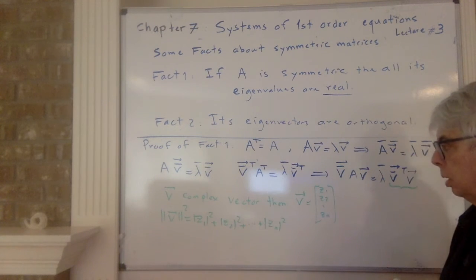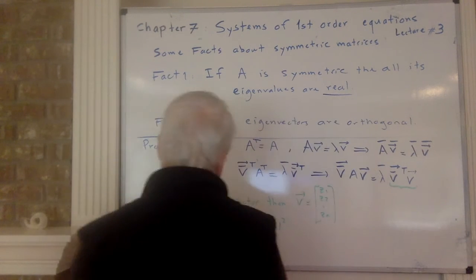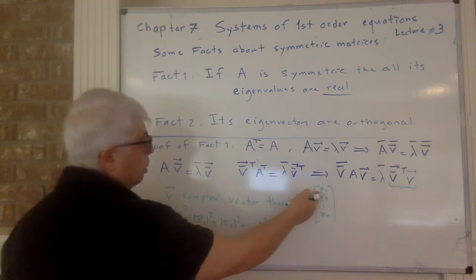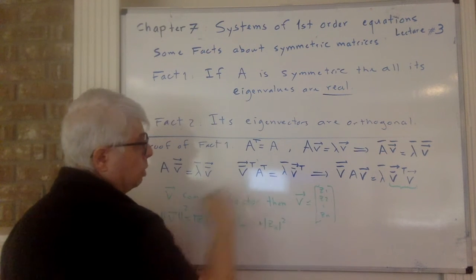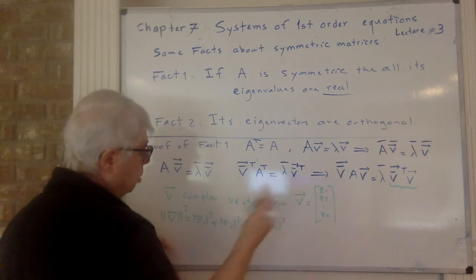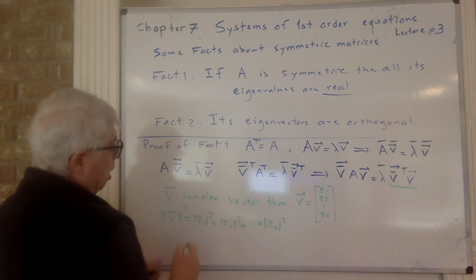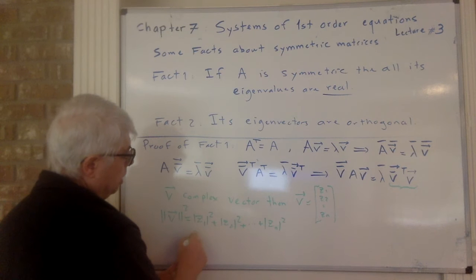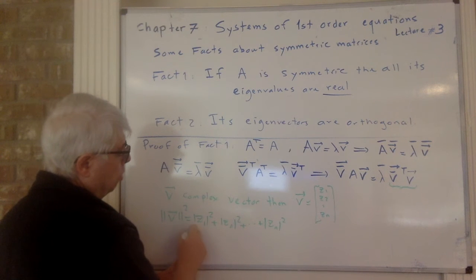So that's the magnitude of this plus magnitude of this plus magnitude of this, and so on. Now, about Z1 squared, we know that this is in fact Z1 bar Z1.